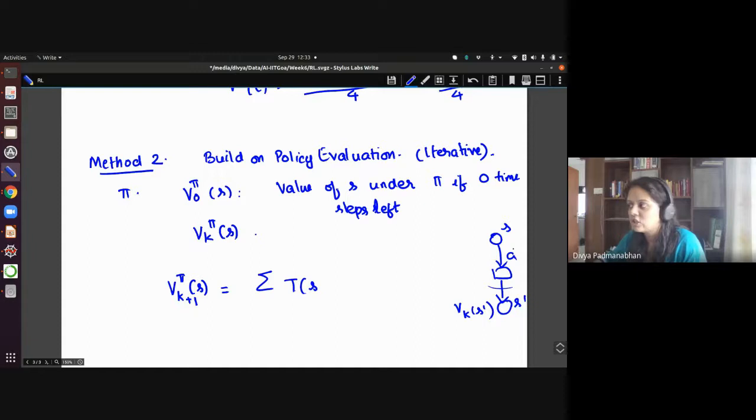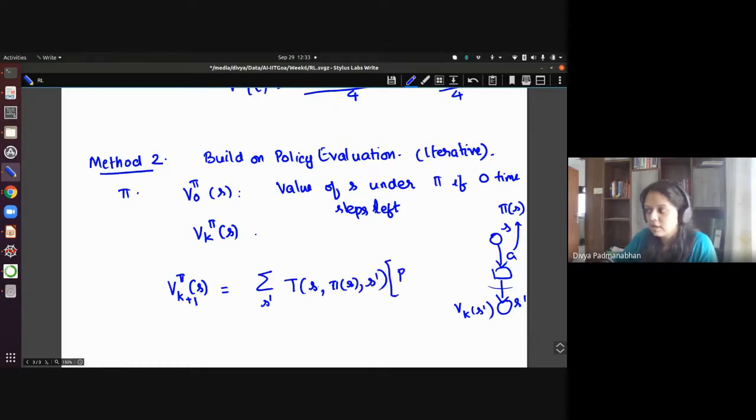This action here, because we're evaluating pi, is pi of s. Now the summation is over all possible s dashes where you can go to. Starting from s, you take the action pi s, and where could you reach?